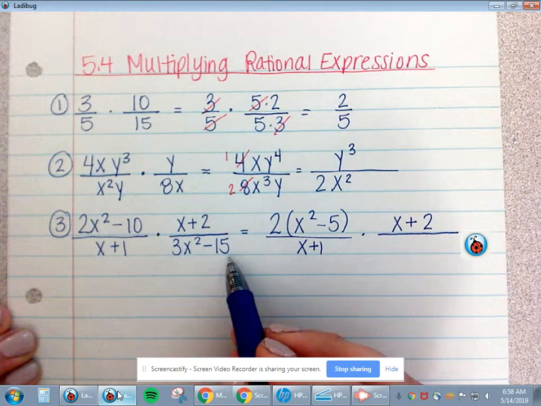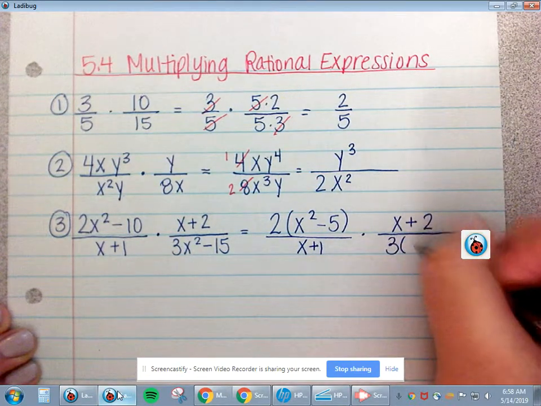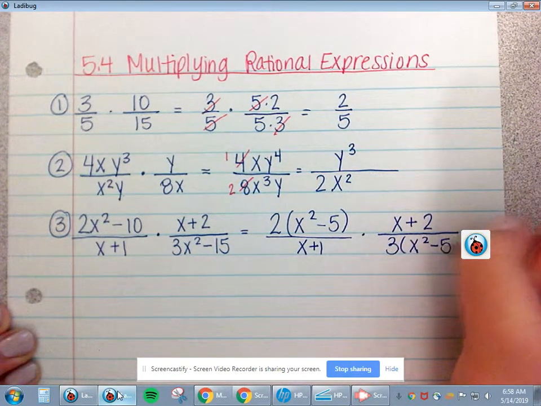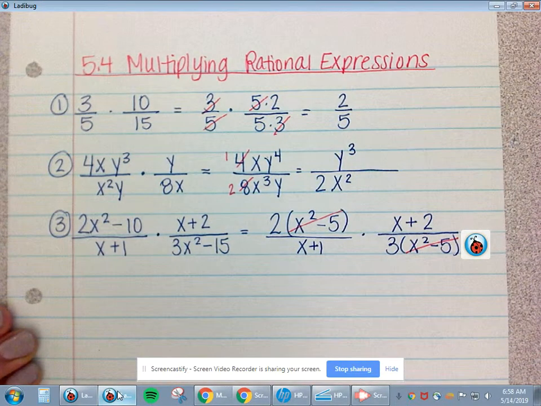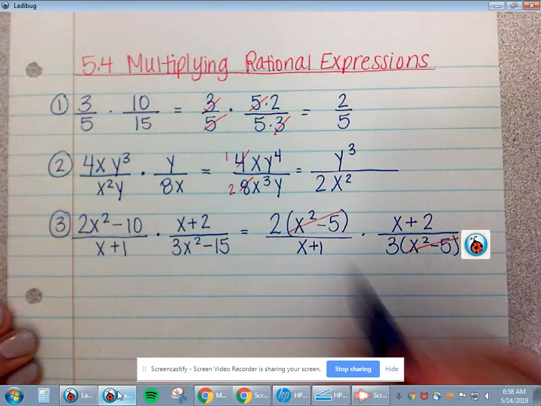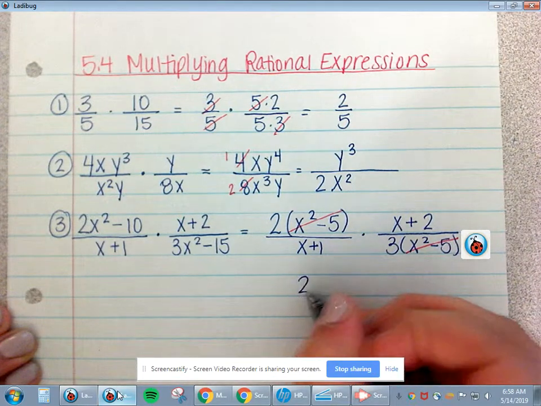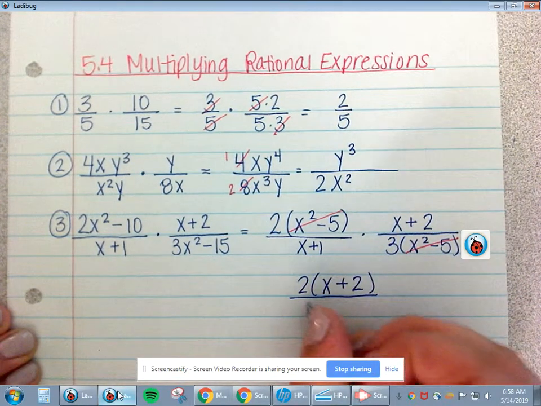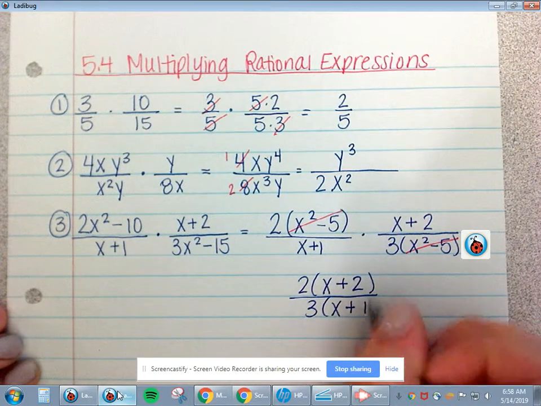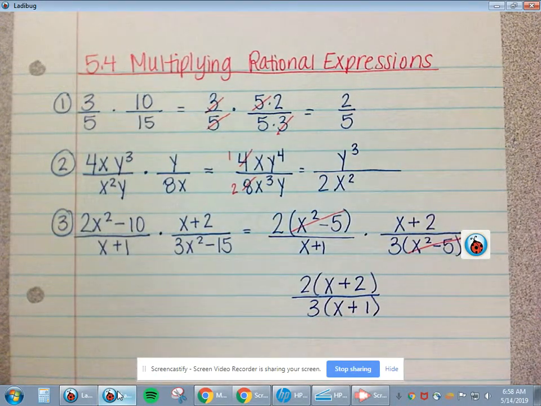The bottom of this guy, I can factor out a 3, and I'm left with x squared minus 5. And then we can see we have this x squared minus 5 on top and bottom that can cancel. So I'm left with 2x plus 2 and 3x plus 1, or 3 times the quantity x plus 1.